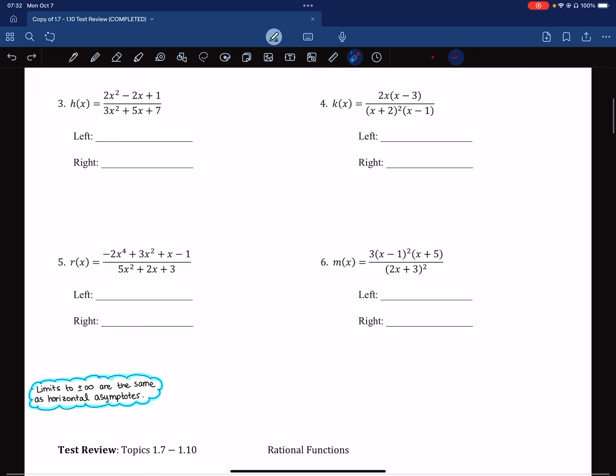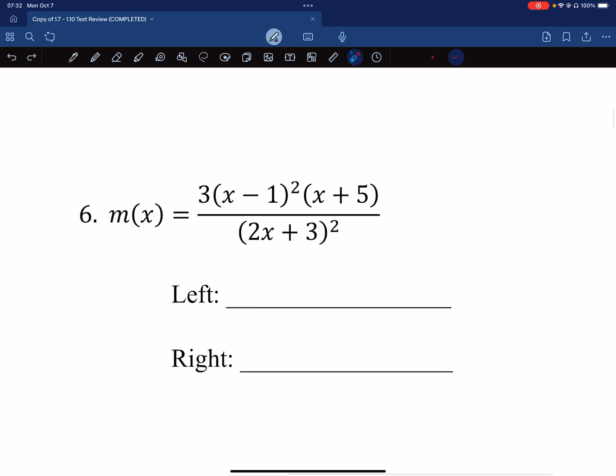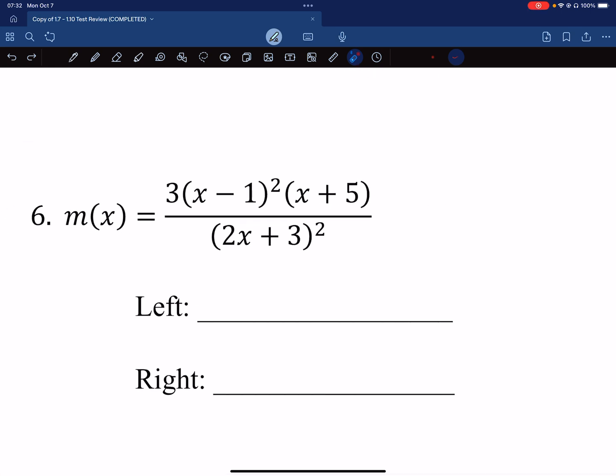Let's take a look at this one down here, because I have a feeling this would be the one that we have the most trouble with. What I think is easiest for us is if we rewrite this as 3 times x minus 1 times x minus 1 times x plus 5.